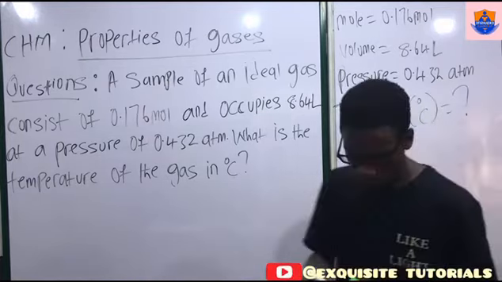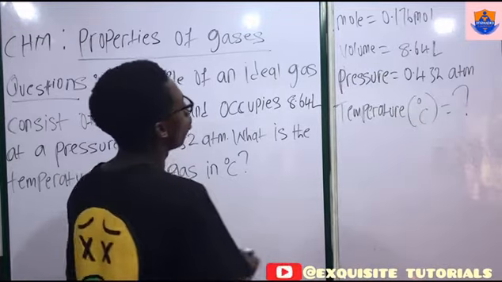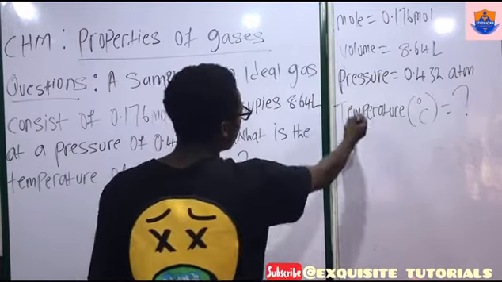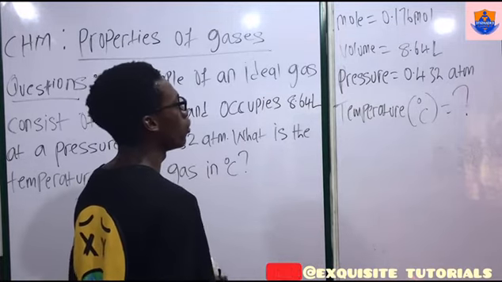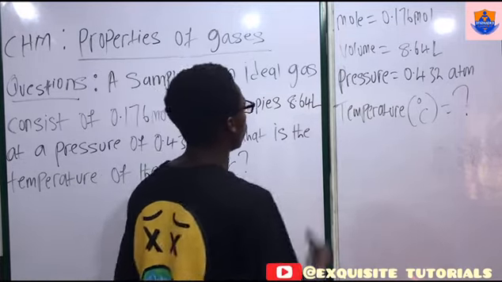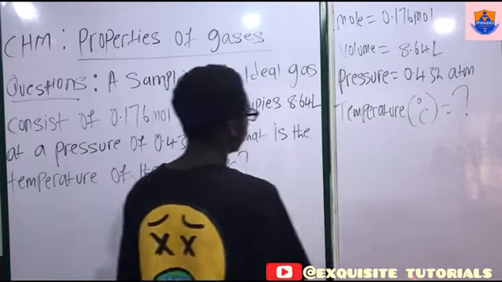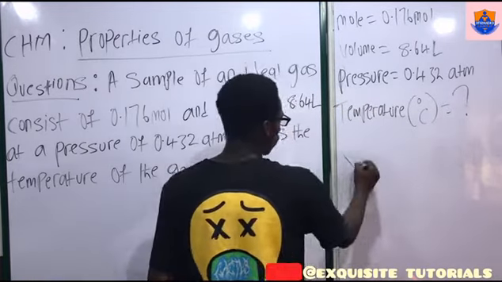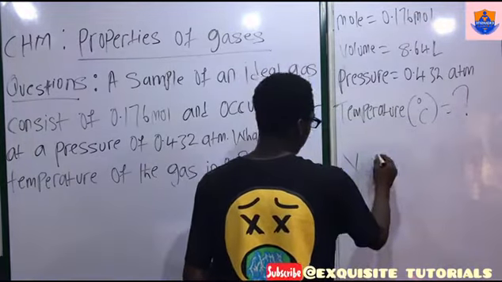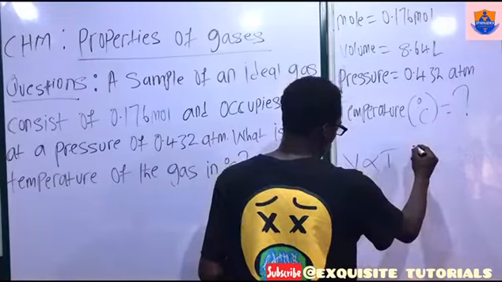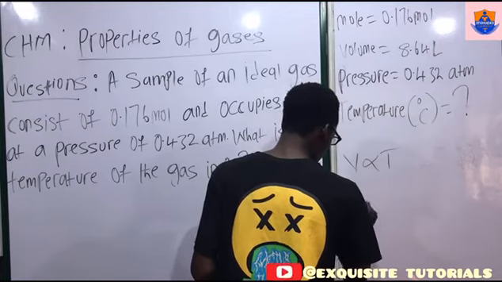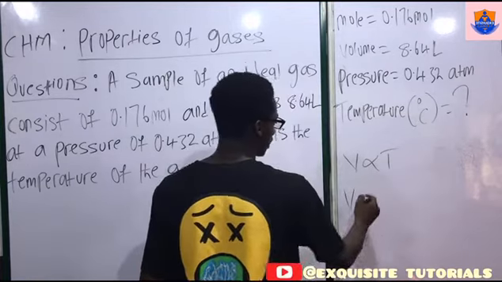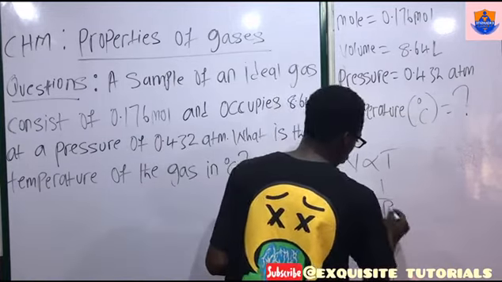Now take a look at these parameters. What do these parameters call for? Is it Charles's law, Boyle's law, or the ideal gas law? Under Charles's law, the volume of a fixed mass of gas is directly proportional to temperature. For Boyle's law, the volume of a fixed mass of gas is inversely proportional to its pressure.